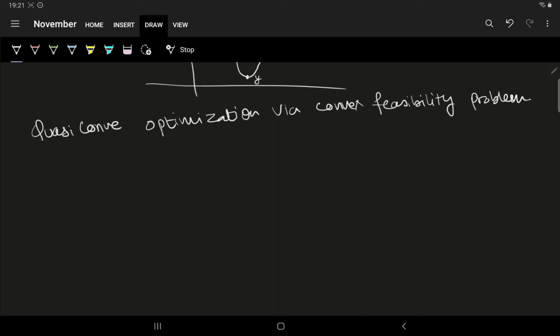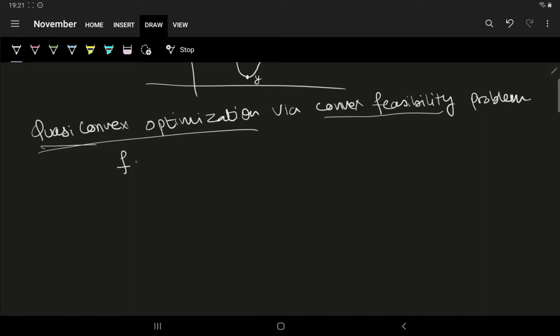So we break the quasi-convex optimization problem into small chunks of convex feasibility problems. Our approach is representing the sublevel sets of quasi-convex functions via a family of convex inequalities.